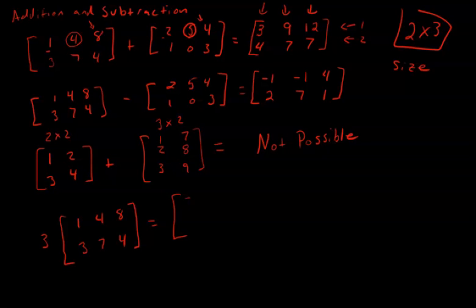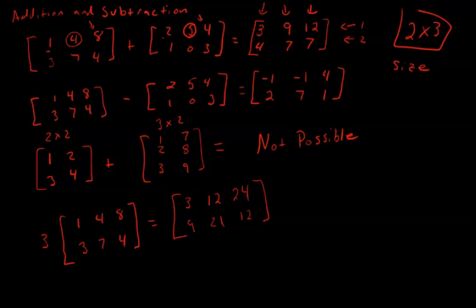So we have 3 times 1, 3 times 4, 3 times 8. We have 3 times 3, 3 times 7, and 3 times 4 again. So again, scalar multiplication is just to distribute that 3 into every element of that matrix.